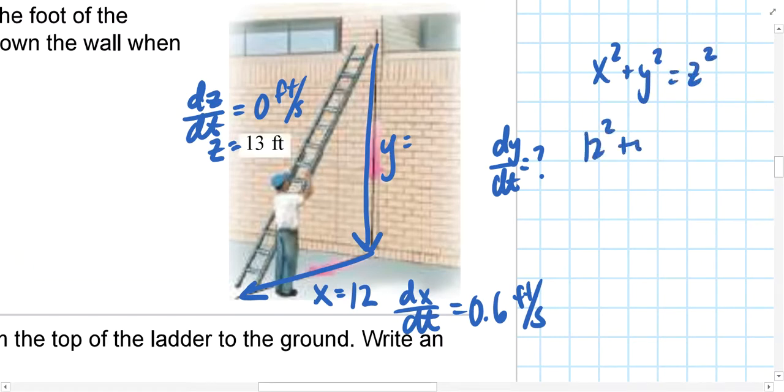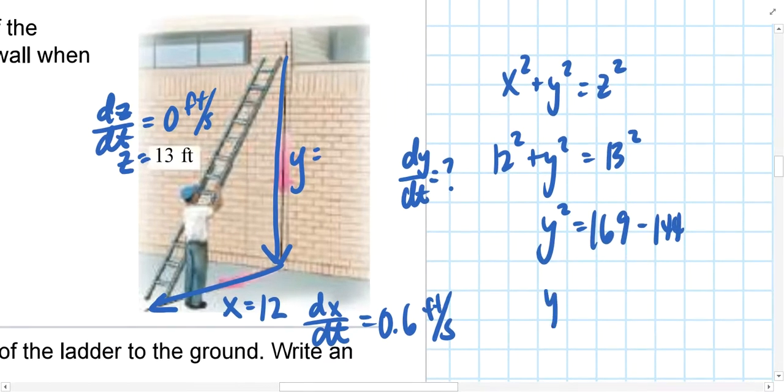So 12 squared plus y squared is equal to 13 squared. That means that y squared is equal to 169, which was 13 squared, minus 144, which was 12 squared. And so y squared is equal to 25. So y itself must be 5 feet.